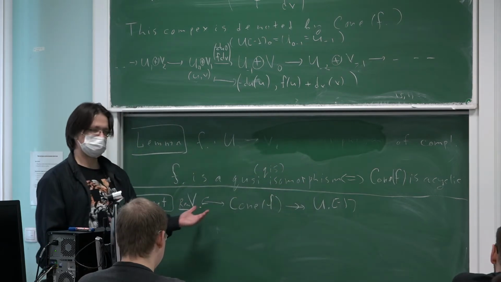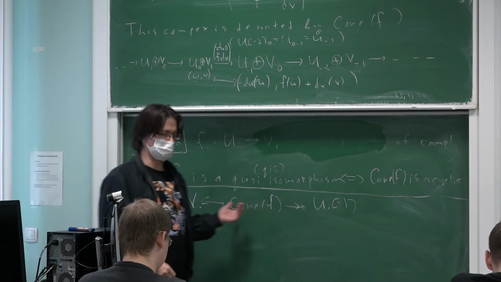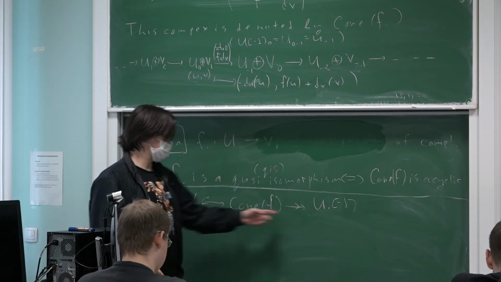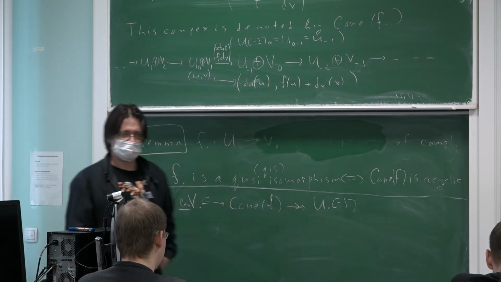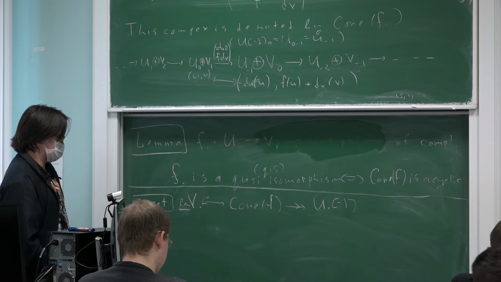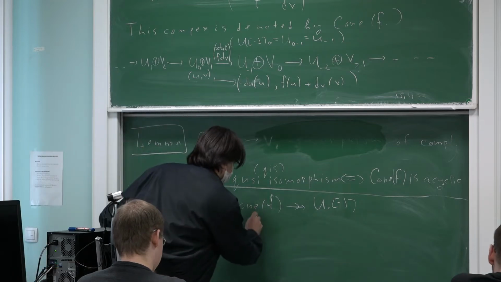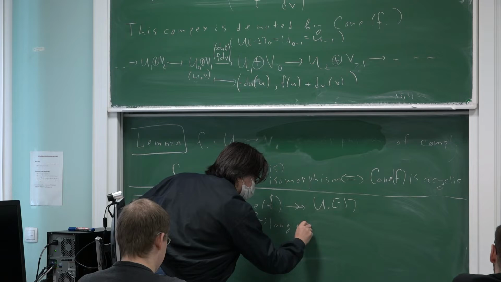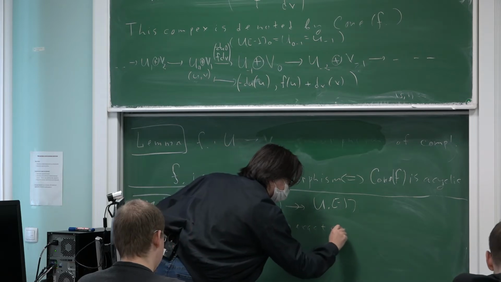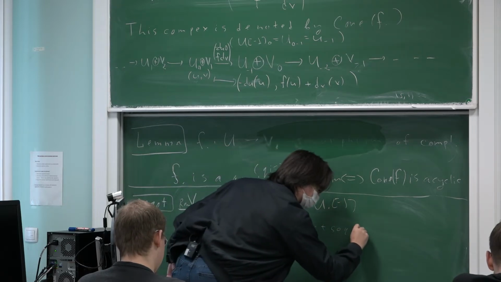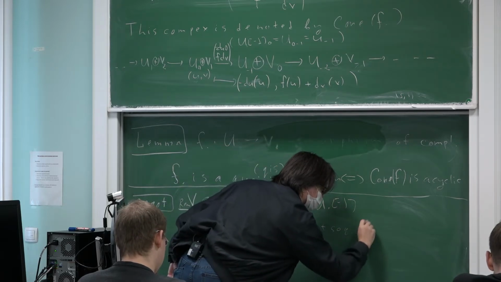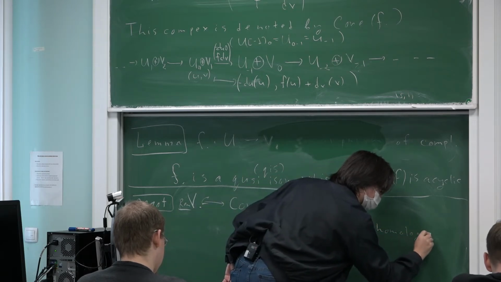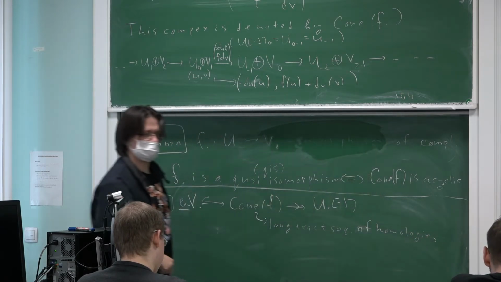And it is a short exact sequence of complexes in the sense that in each degree it is a short exact sequence. And these two maps are maps of complexes. You can check this. And then it induces a long exact sequence in homology of these complexes.